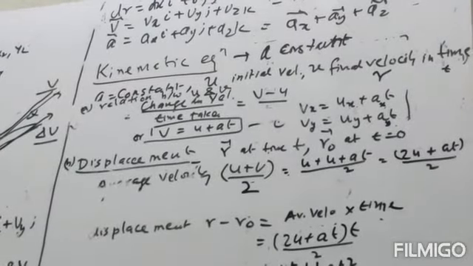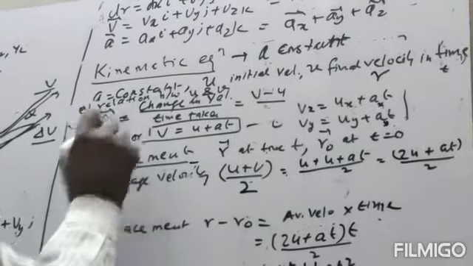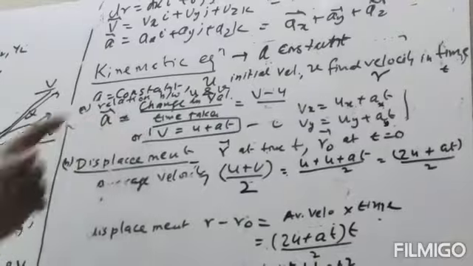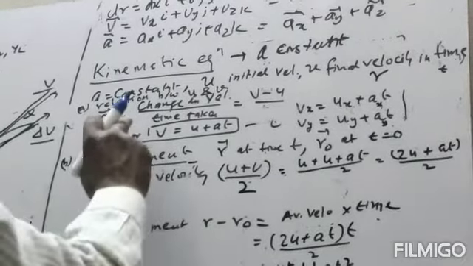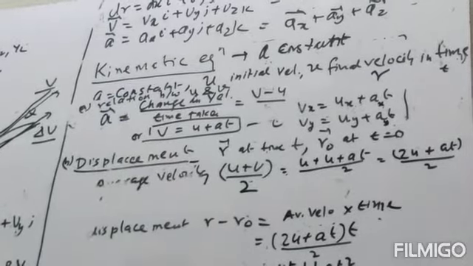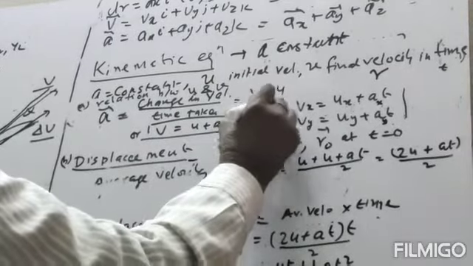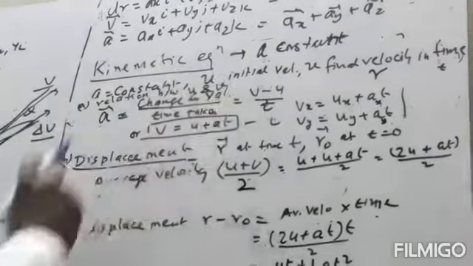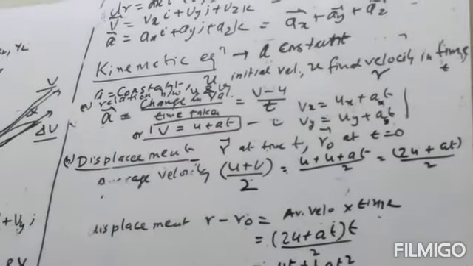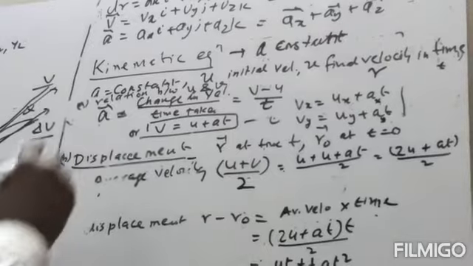Now we know that acceleration is the change in velocity per time taken, or rate of change of velocity. The initial velocity is u, the final velocity is v, the change in velocity is v minus u, the time taken is t, then acceleration will be equal to v minus u divided by t. If we cross multiply and take u to that side, v will be equal to u plus at. This will be the equation.